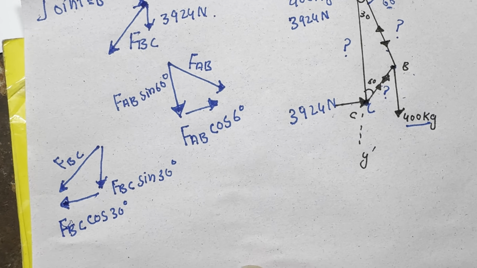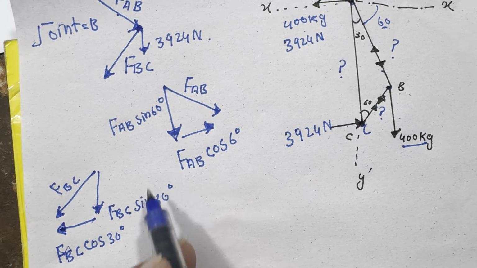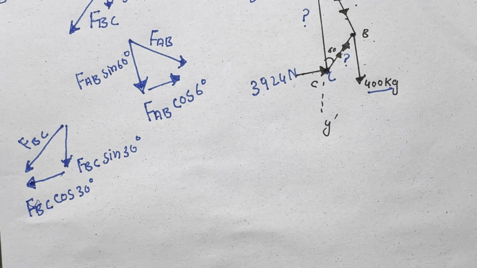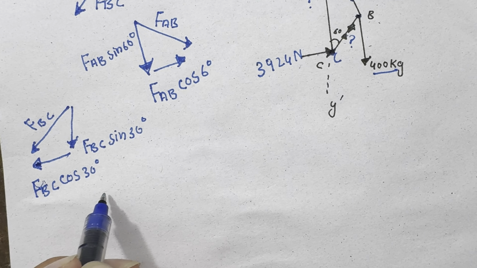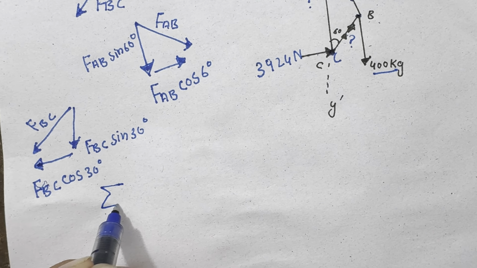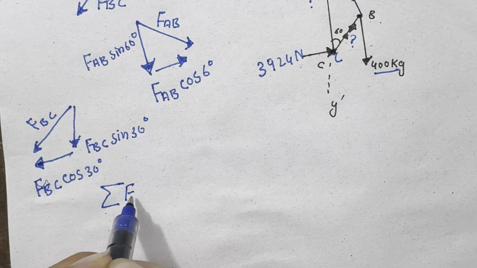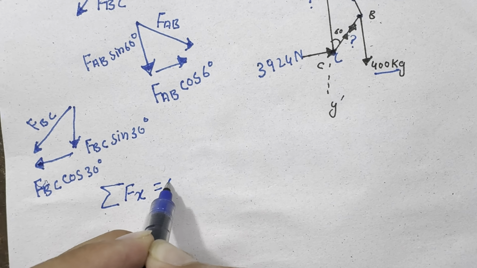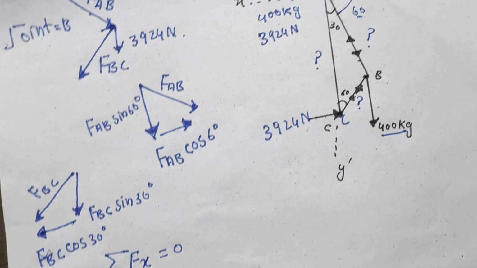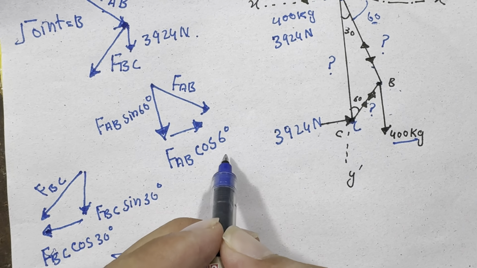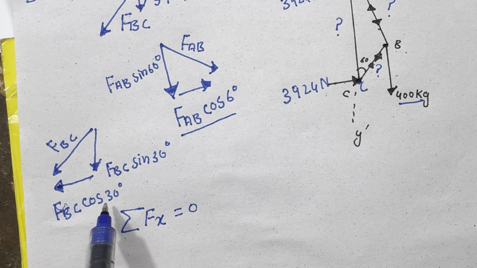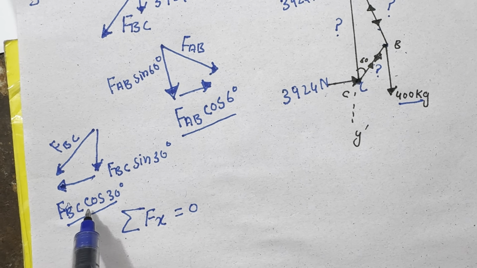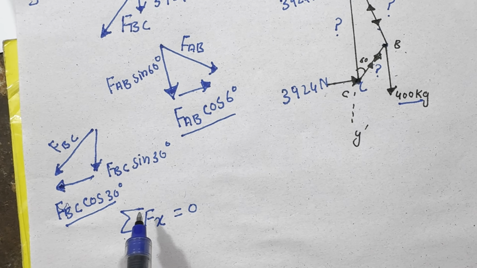Now I can find it by the summation equations. The summation of all horizontal forces equals 0. There is one horizontal force, FAB cos 60, and another horizontal force, FBC cos 30 degrees.